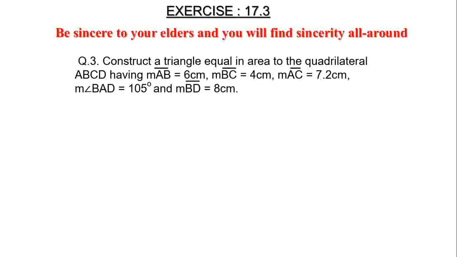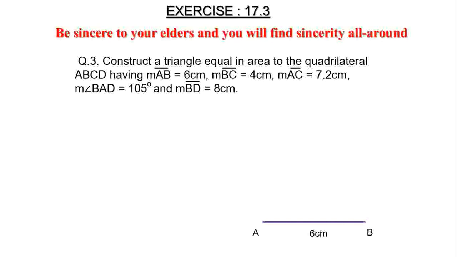First of all, we draw measure AB 6 cm. So draw a line segment AB of length 6 cm. Then we are given in the data measure BC is equal to 4 cm.